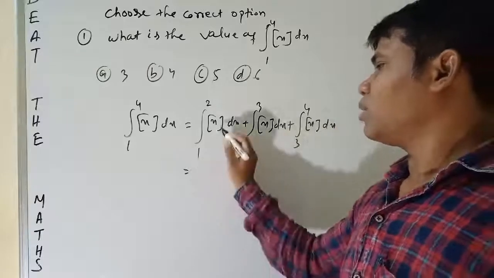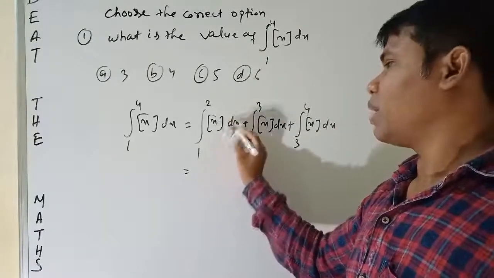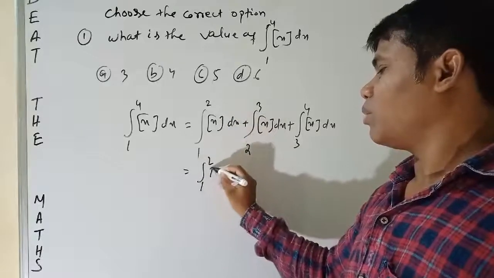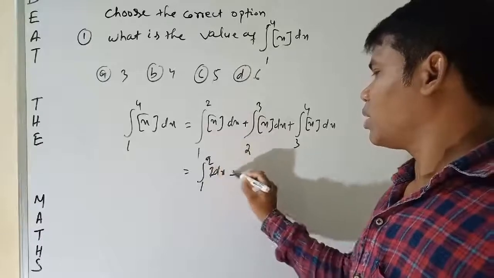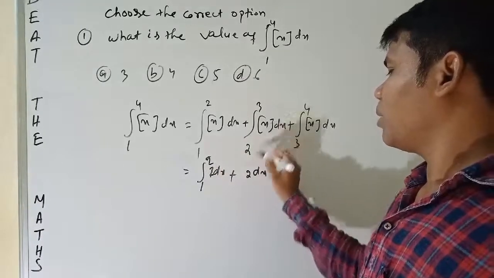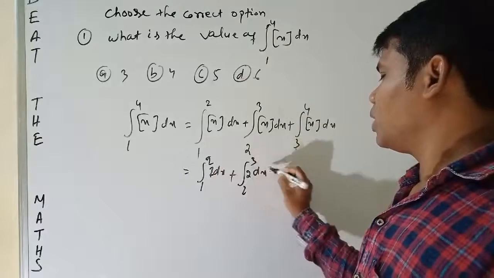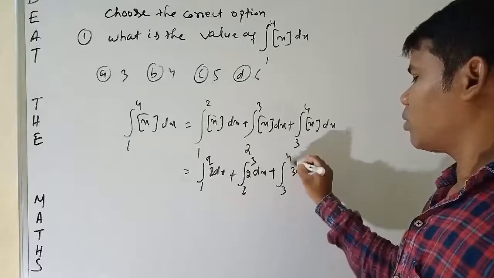This is equal to, you put the lower limit here, you get 1 dx from 1 to 2, then 2 dx from 2 to 3, 3 dx from 3 to 4.